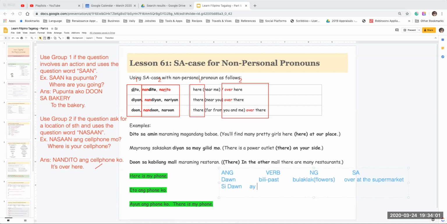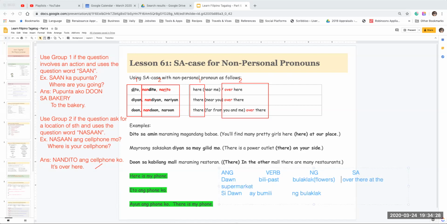Bumibili, that's the present. We only repeat the first syllable for present. This is the past: bumili. Bumili ng bulaklak. So let's put this over there.